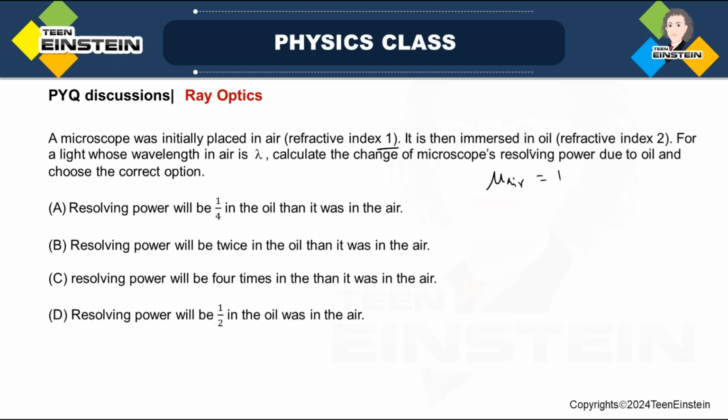It is then immersed in oil of refractive index 2. A light has been used for which the wavelength is lambda. Calculate the change of microscope resolving power due to oil and choose the correct option.